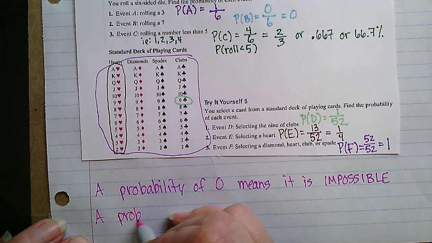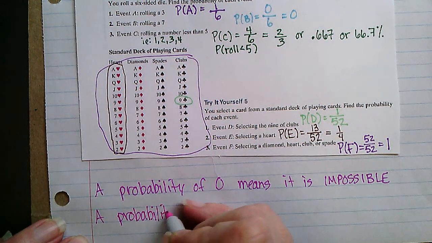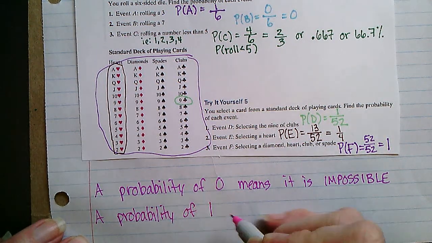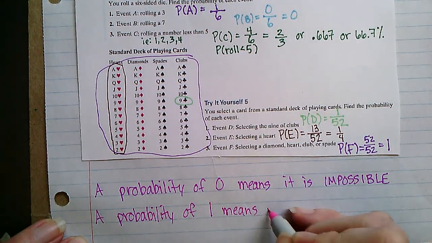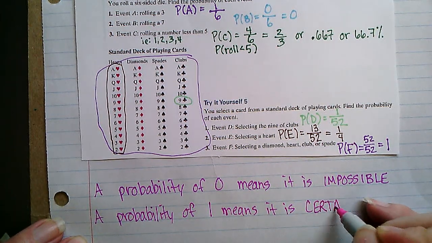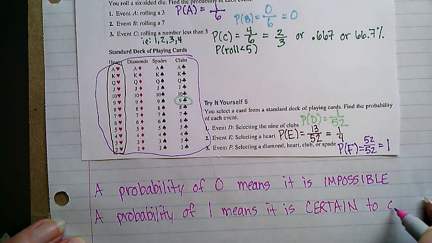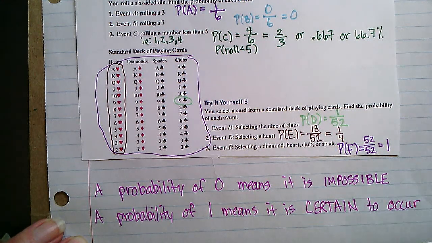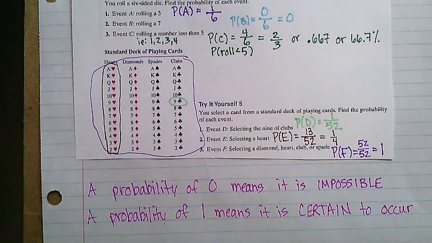A probability of 1 means it is certain to occur. So if I select a card, I am 100% certain that it will be a diamond, a heart, a club, or a spade.